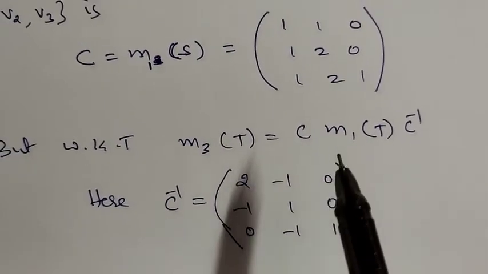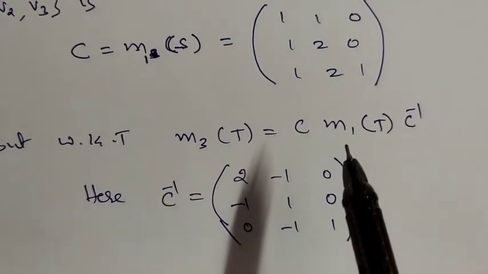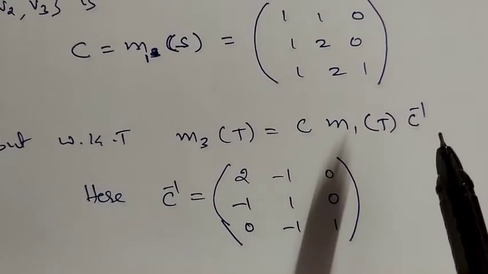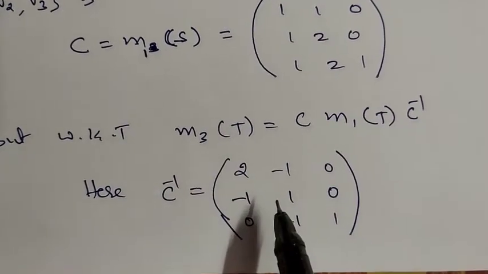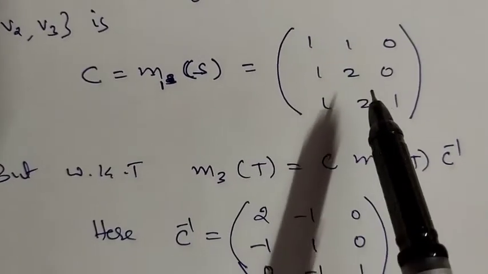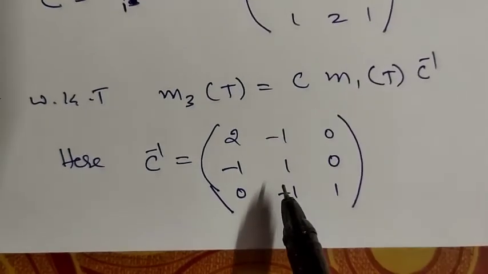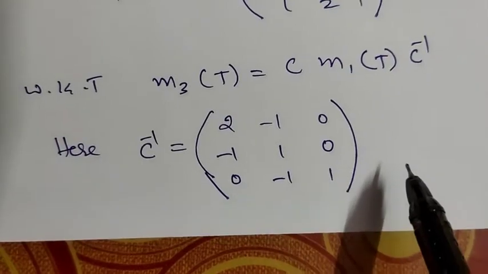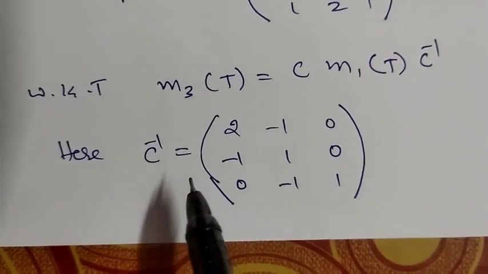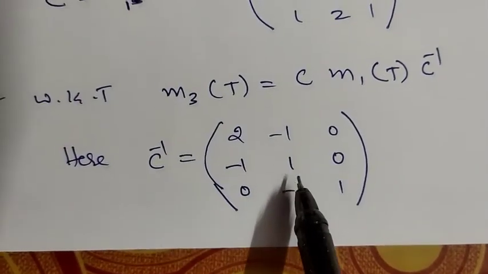Here we are not going to find how the transformation T looks. We are only interested in the matrix of change of basis. We can find the matrix of change of basis easily, but finding C inverse is a little bit time consuming task. So anyway, C inverse is this.